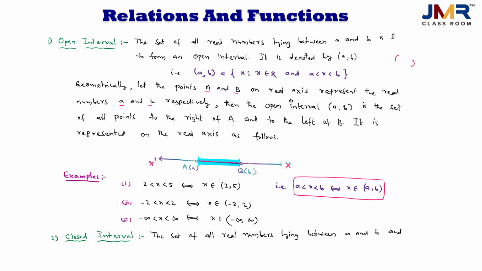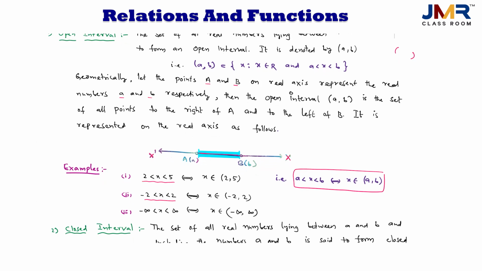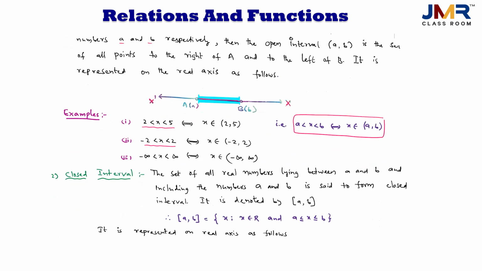For example, 2 < x < 5. If the solution of any equation is from 2 to 5, how can we express this in interval form? Take the values of x which lie between 2 and 5, meaning x belongs to (2, 5). Similarly, if -2 < x < 2 is the solution set for some inequation, how can we represent this solution in interval form? x belongs to (-2, 2).